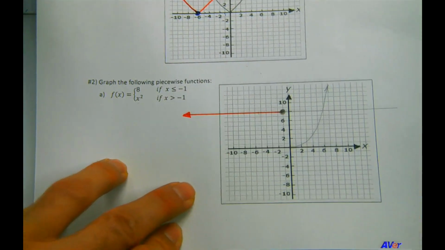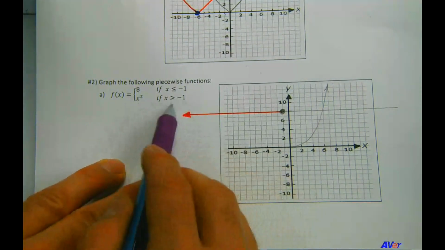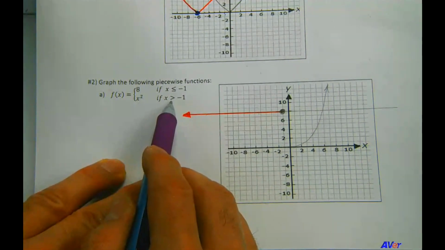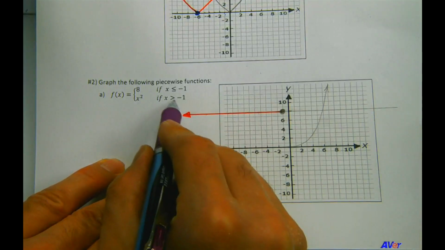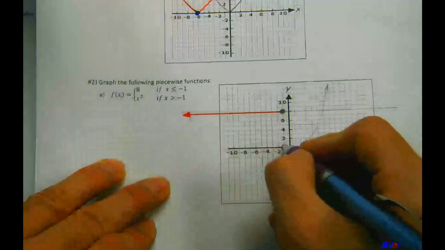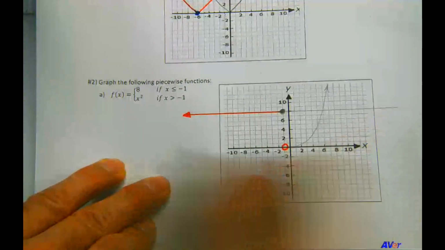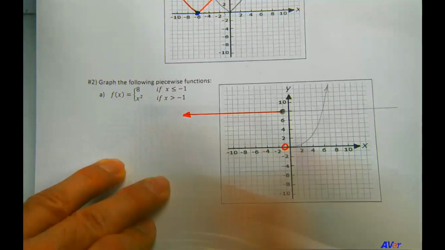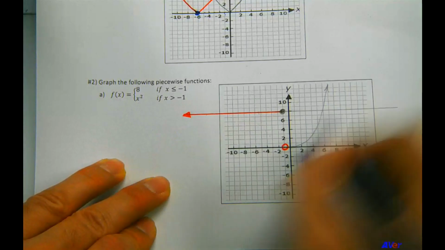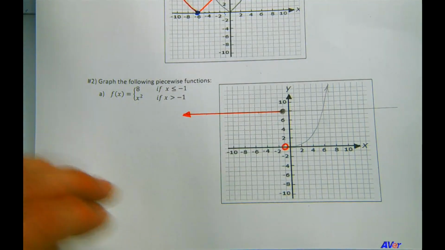So now what? Well, take a look at the next condition. It says once x is greater than -1, so not equal to -1, I'm going to put a hollow circle down here over -1. Greater than -1, the function is equal to x squared. So that curve is going to be the rest of the graph.